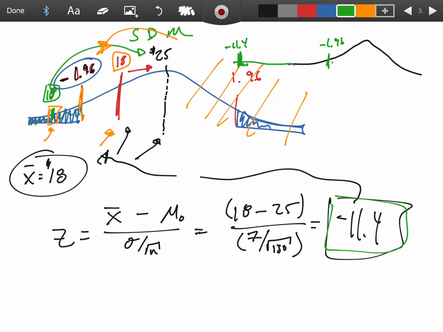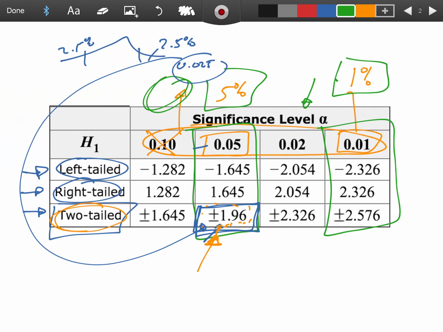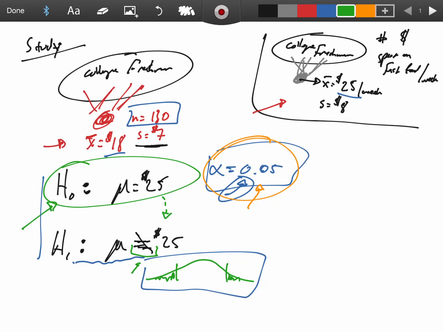Meaning that I am deep into the region of rejection. So I can actually with a lot of confidence say that yes, in fact, this 18 is different than, well, I guess that's really not how you would say these things.